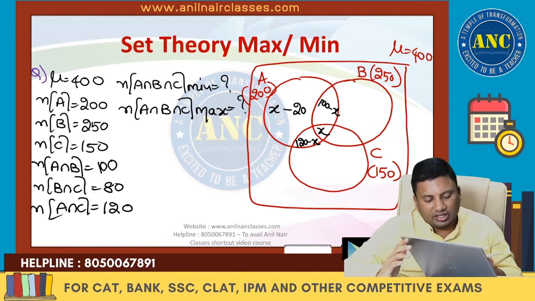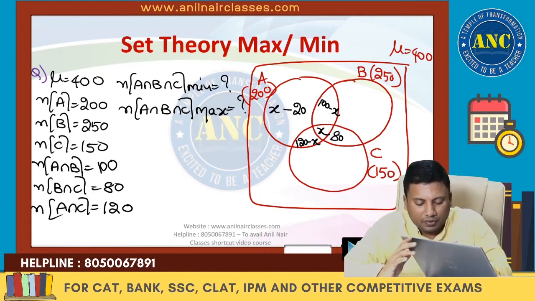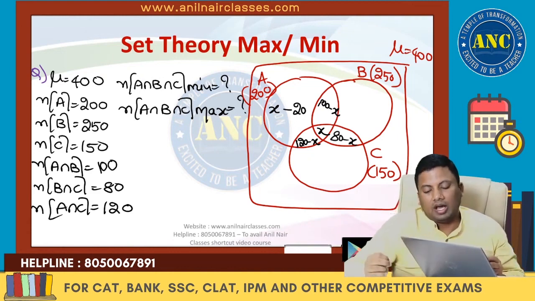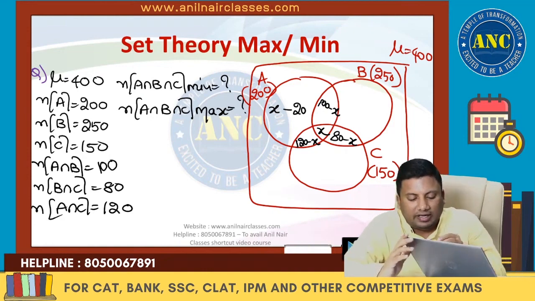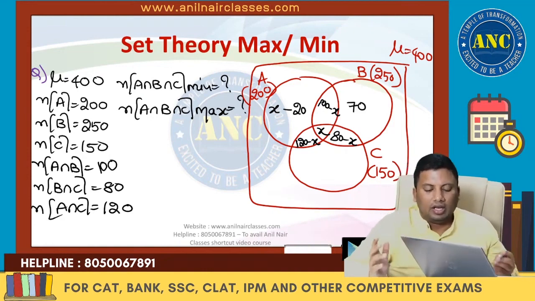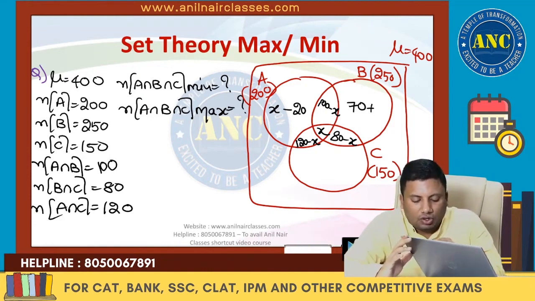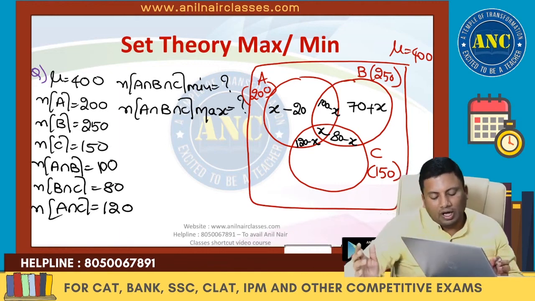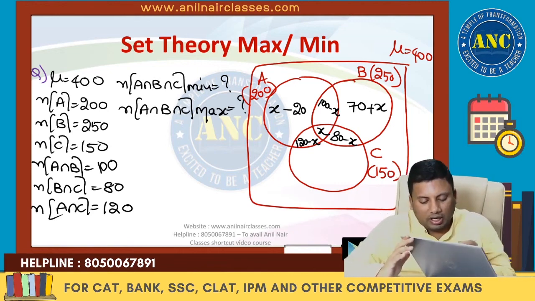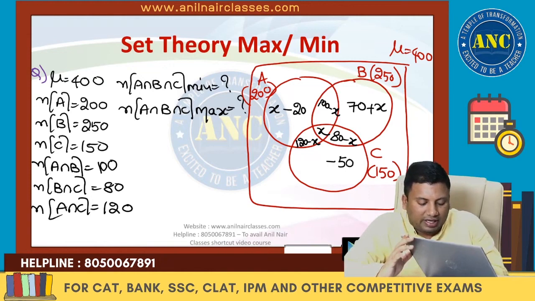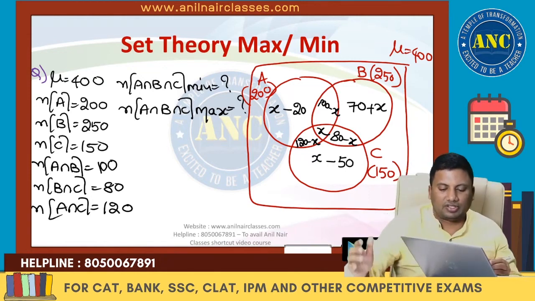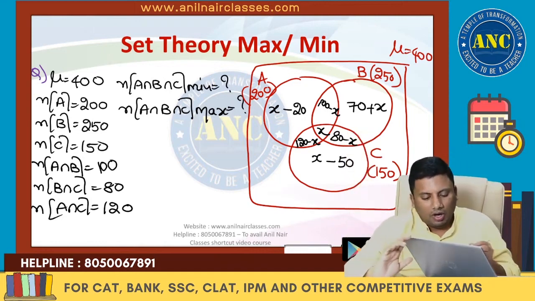B intersection C is 80, so 80 minus X. 100 plus 80 is 180, so it is 70. Two negatives are there, so two positives should be there. 120 plus 80 is 200, so there will be a 50 downfall. There are two negatives, so there will be X. Now I require the outside value.